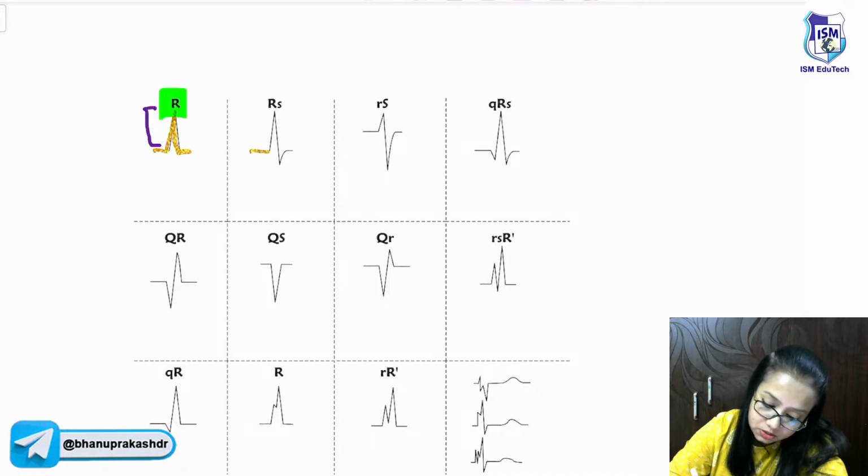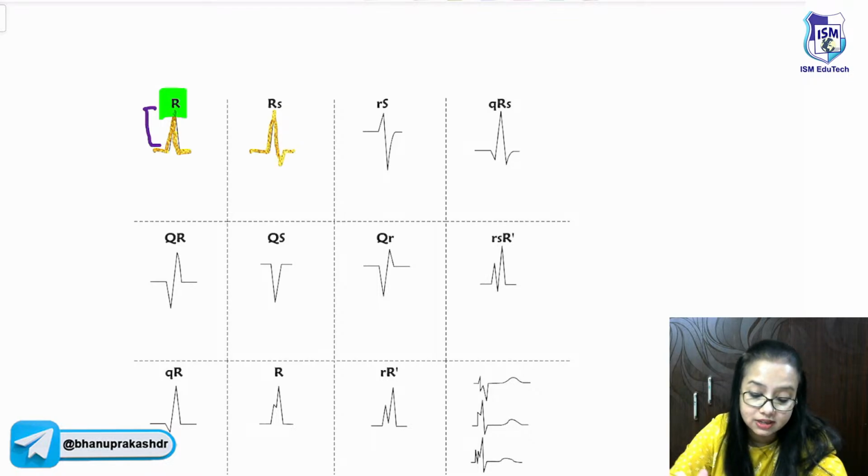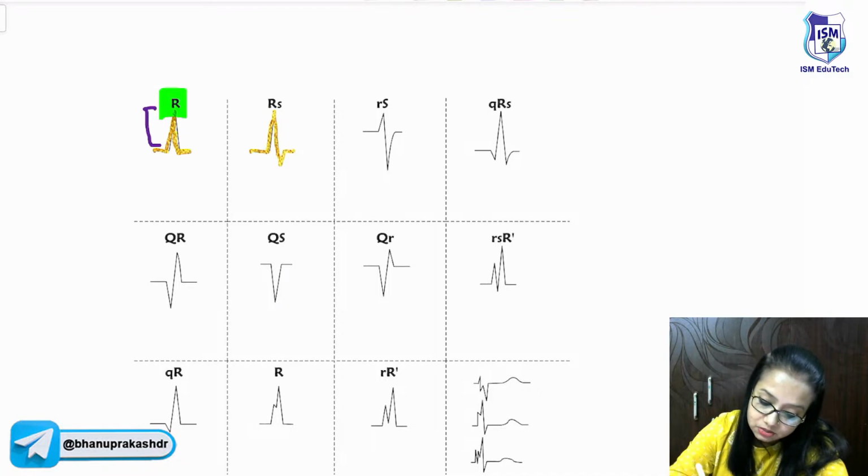Next case, we can see two waves. One is the upward stroke, which is positive, and the second is the downward stroke, which is below the isoelectric line, negative. Obviously the first upward stroke is the R wave, and the amplitude of the R is bigger, so capital R. Whereas the S has a small amplitude, so it is lower case s. Here we read it as Rs.